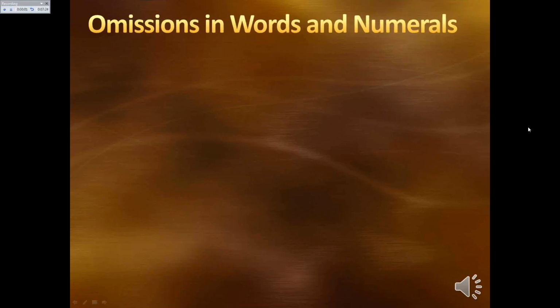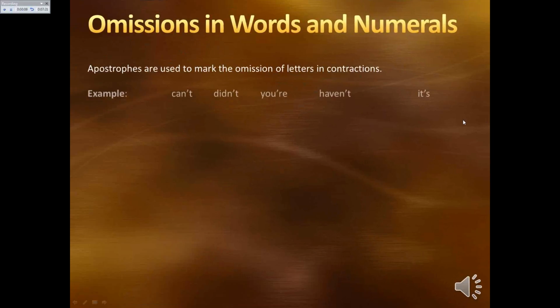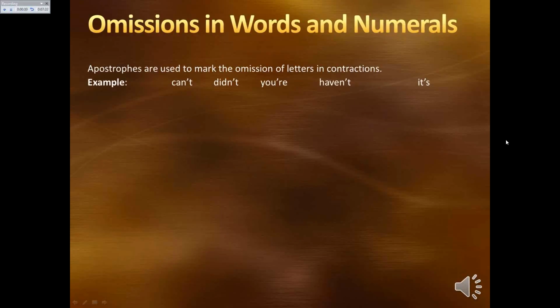Then we show omissions in words and numerals with apostrophes. Here's your example. Can't, didn't, you're, haven't. This one right here is the only one I can think of that doesn't follow the rule. This word actually stands for cannot.